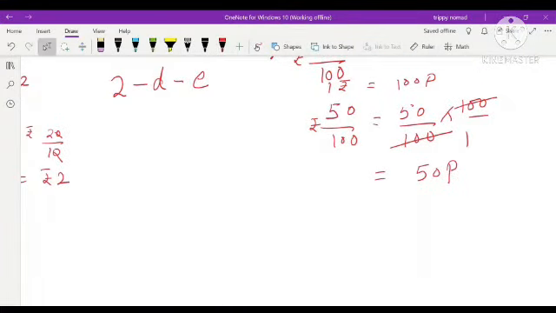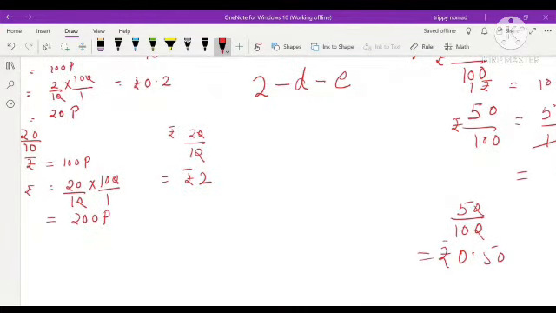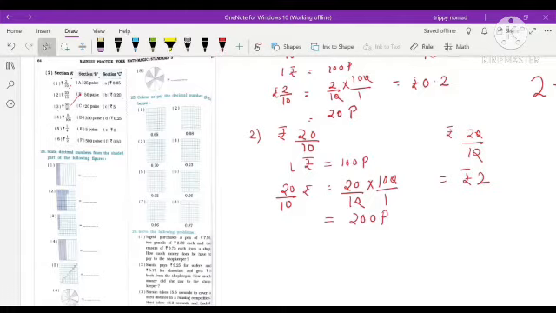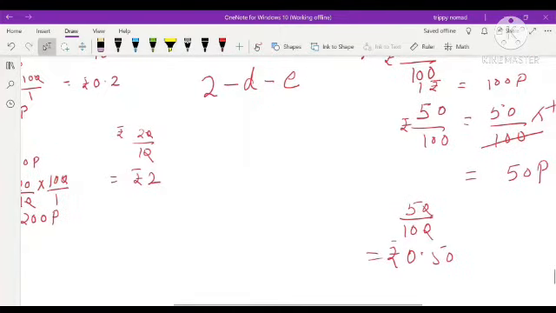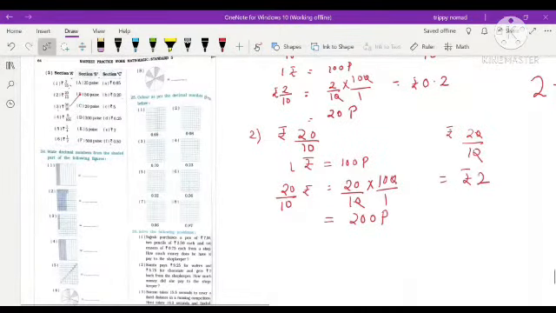Now children, I think instead of 100 we have to take 50 upon 10. I have done it according to 50 upon 100. Here in the question 50 upon 10 is given, so you will do accordingly. By mistake I have done this, now I will not solve again, you yourself will solve.